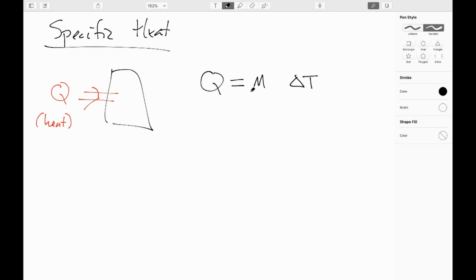If I have more atoms that I have to get moving more violently, I'm going to have to transfer in more energy to have the same amount of thermal energy, of average kinetic energy per molecule. And then the rest of it's going to depend on details of the structure of the atom, the bonding, etc. We lump all of that into what gets called the specific heat, or more technically, the specific heat capacity.